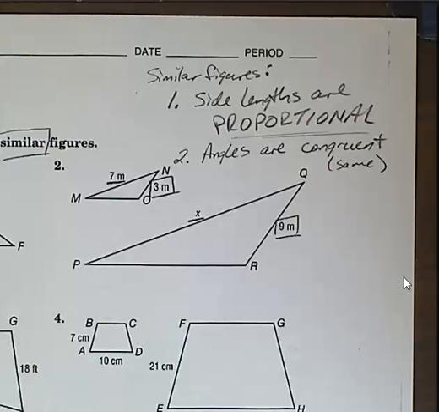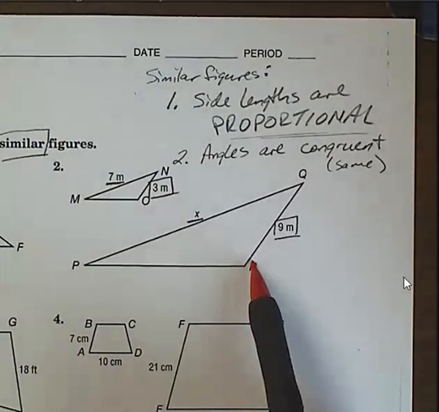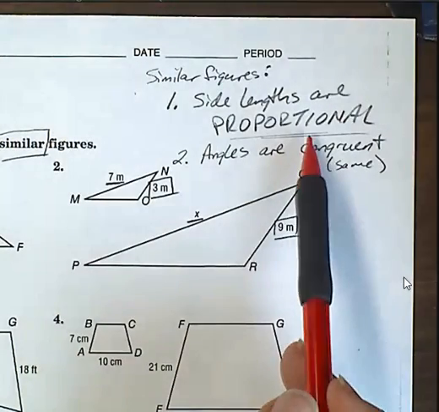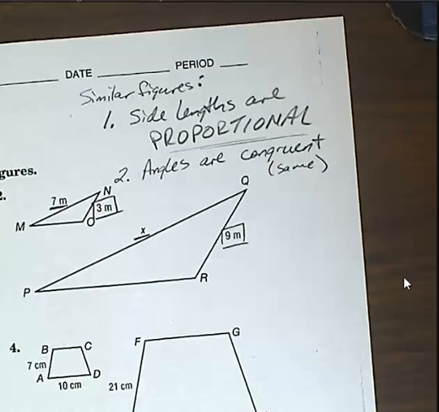Now, we know we're comparing side lengths and that similar figures are proportional. How do we make up a proportion? Tell me how I make this proportional.